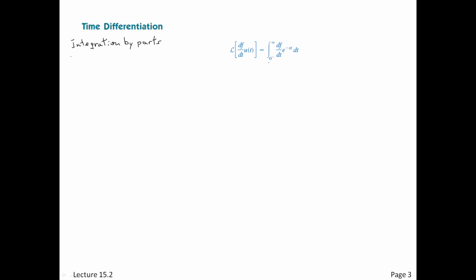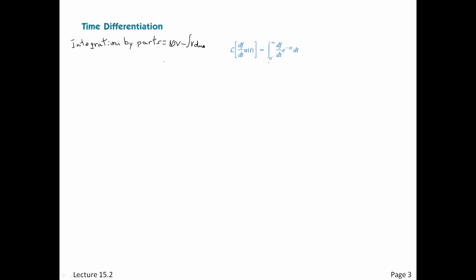You just need to be real careful with choosing your parts. So integration by parts really amounts to, after the derivation is done, the formula of uv minus the integral of v du. And I'm looking like a W, but it's not, it's v du.